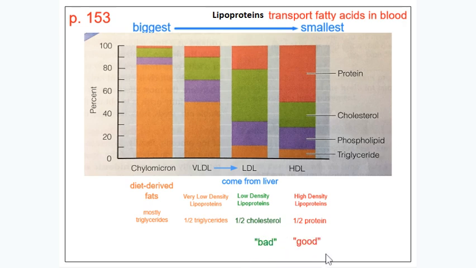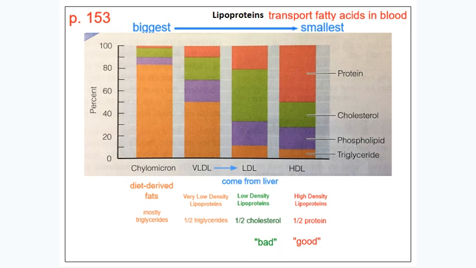So if you ever have a lipid blood analysis, sometimes you'll see this listed as LDL as bad cholesterol and HDL as good cholesterol. It's because high levels of LDL are associated with things like atherosclerosis and heart disease. So you want low levels of LDLs because it's sometimes called the bad cholesterol.